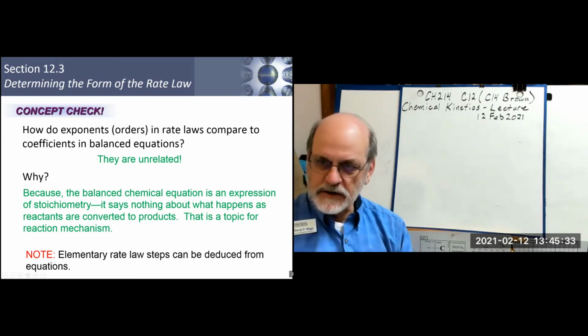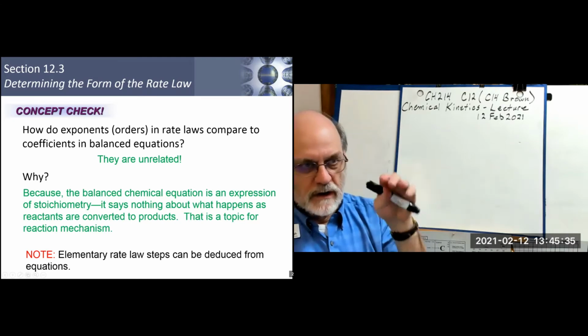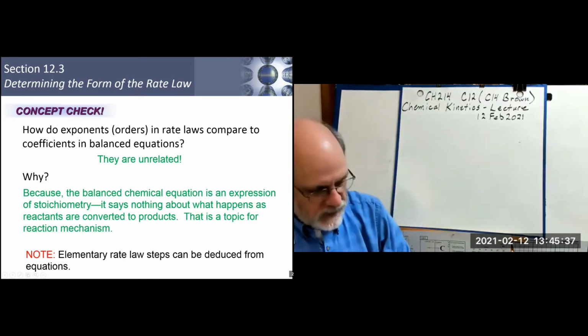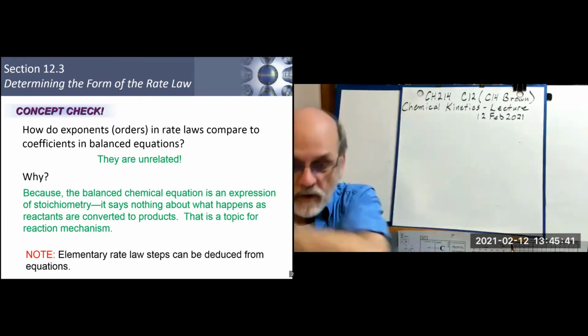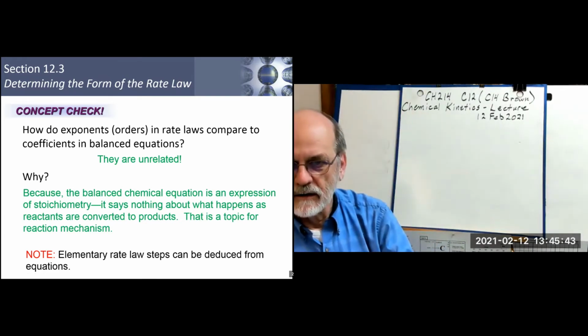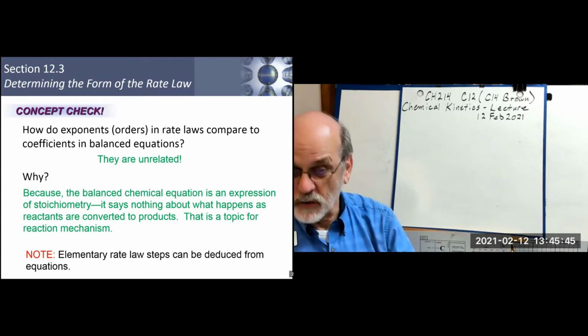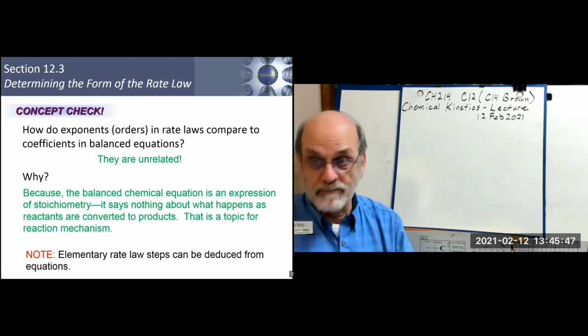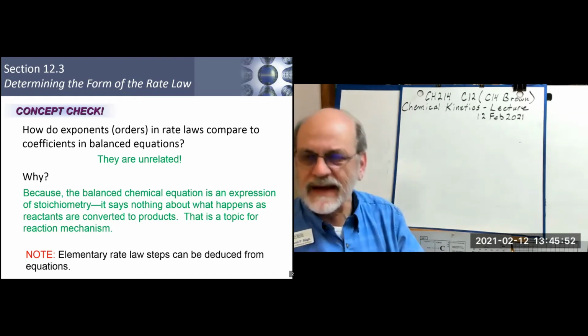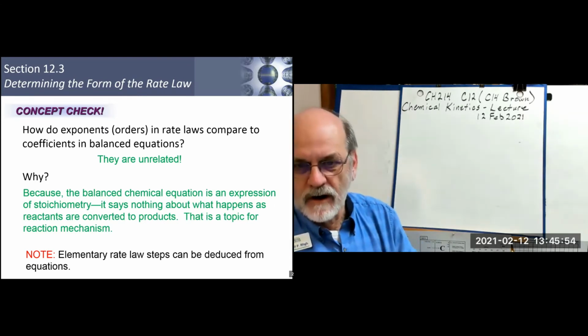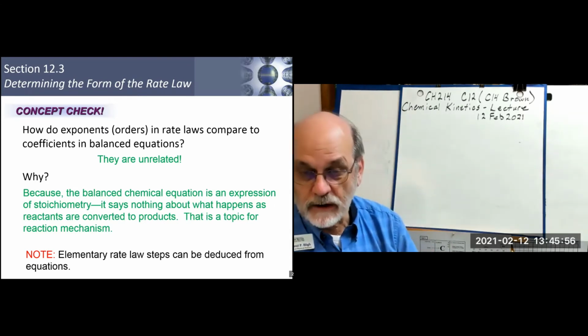That is, does the reaction proceed through step 1, 2, 3 before it gets to the end? Or does it just go 1, 2 over here and then go down? Or a few reactions are single step. They just go bam, bam. That's it. So the mechanism has a bearing on the rate of reaction. And we're going to look at that too.